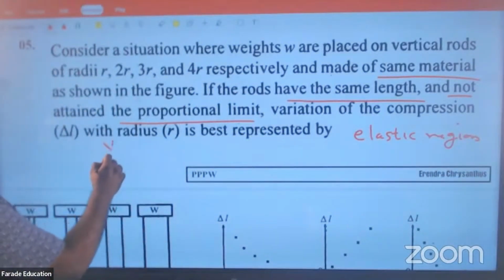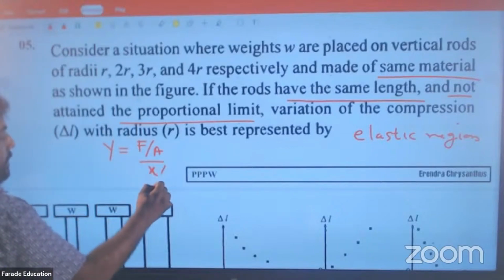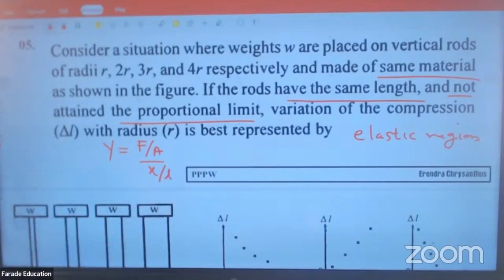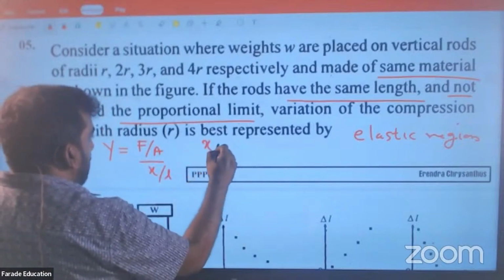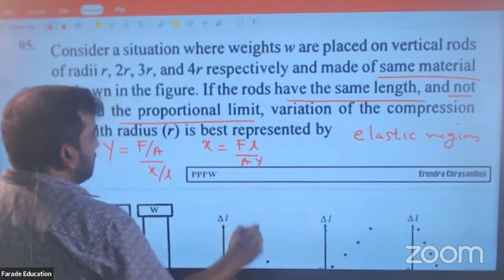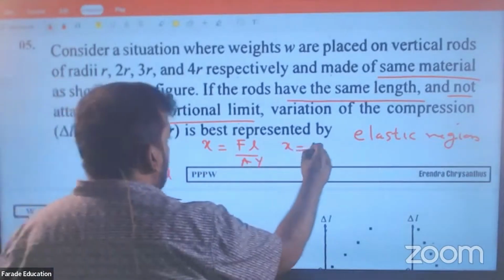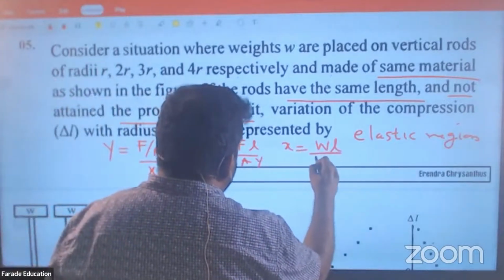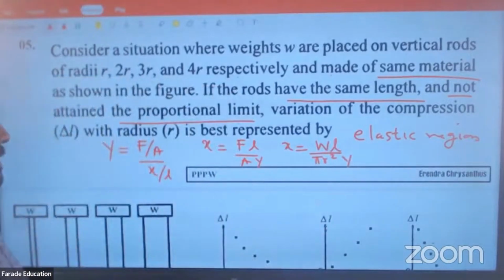Young's modulus is stress over strain. First multiply. x is equal to FL divided by A Young's modulus. x is equal to, same load is applied, WL over πR² Young's modulus.